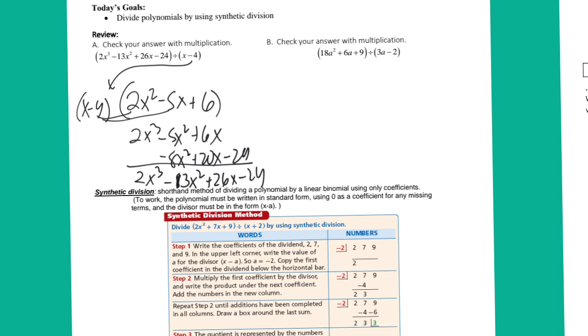Now, let's check something for a second. If we want to factor something, a lot of times we said you do GCF, you factor into two parentheses, and there are other kinds of factoring, like factoring by grouping. But look at this one right here: 2x cubed minus 13x squared plus 26x minus 24. It's got 4 terms.